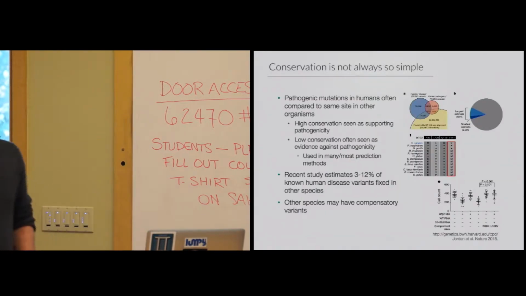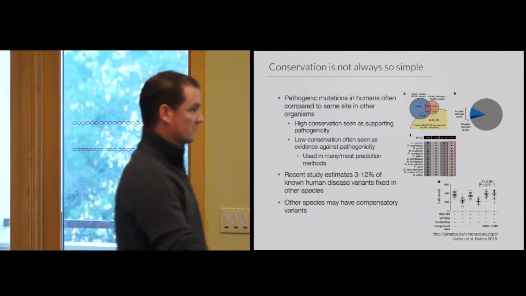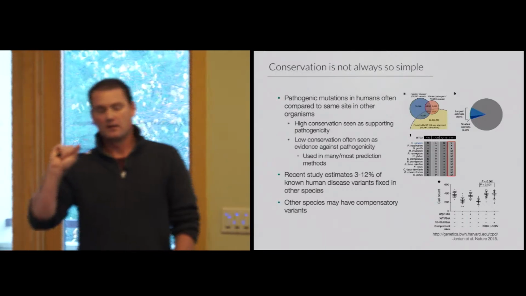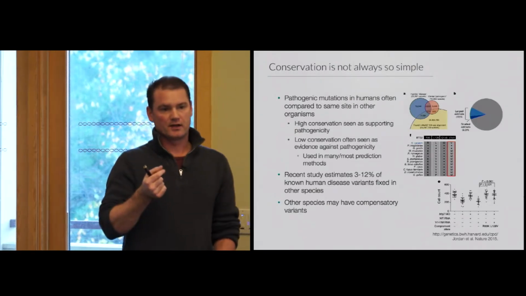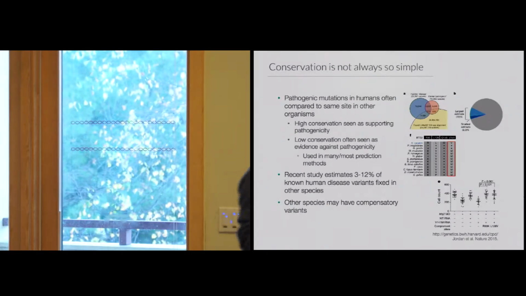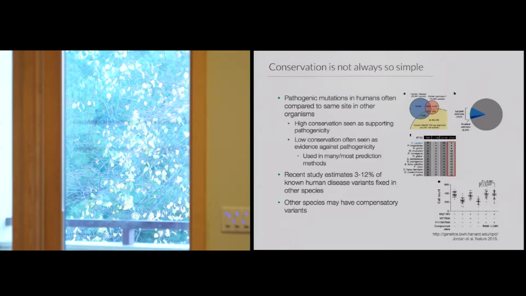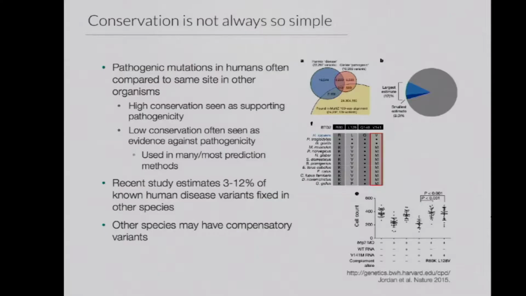We can also use conservation. This is a traditional approach, the intuition being that if there is an amino acid change, it's more likely to have a consequence on the protein function if it lies in a highly conserved exon or in a highly conserved residue. That's been dogma; it's a standard method, and it works most of the time.